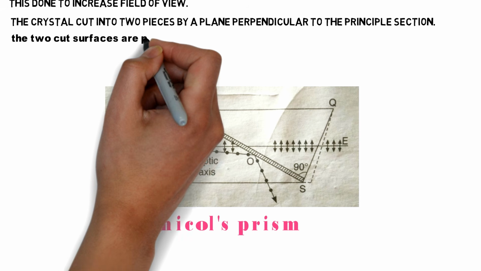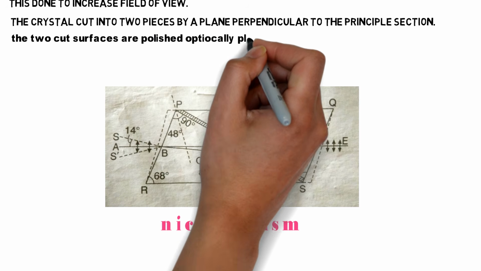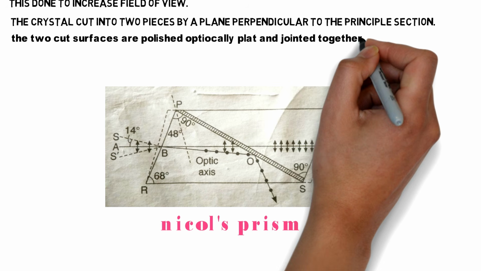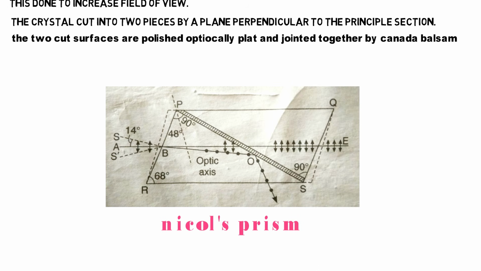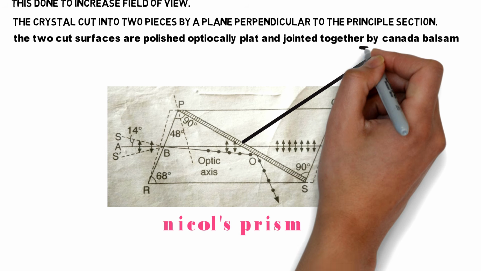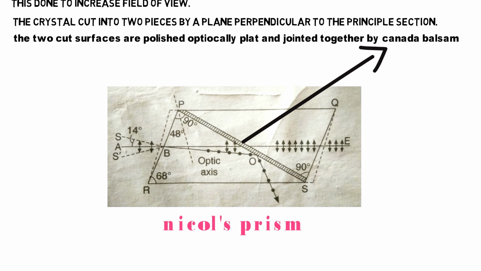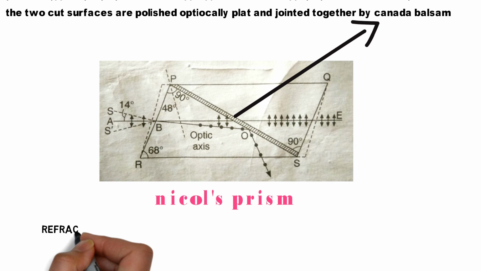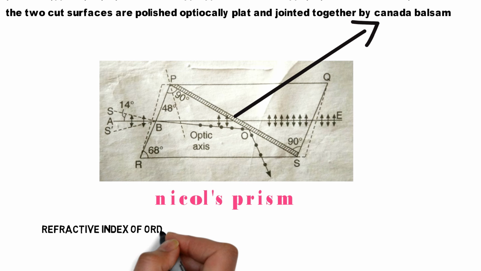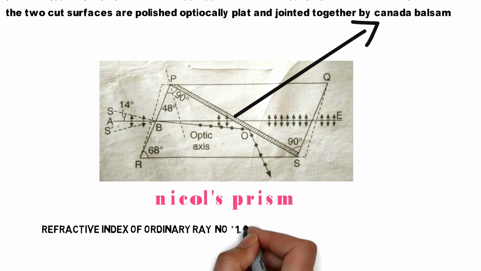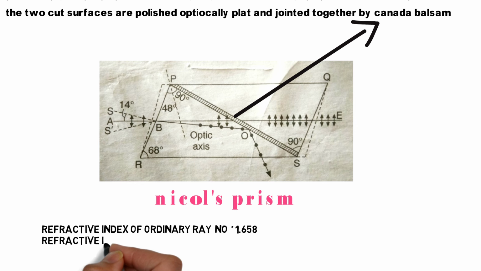The two cut surfaces are polished optically plane and joined together by Canada balsam. Here we see the Canada balsam in the diagram. Refractive index of ordinary ray N_O equal to 1.658.